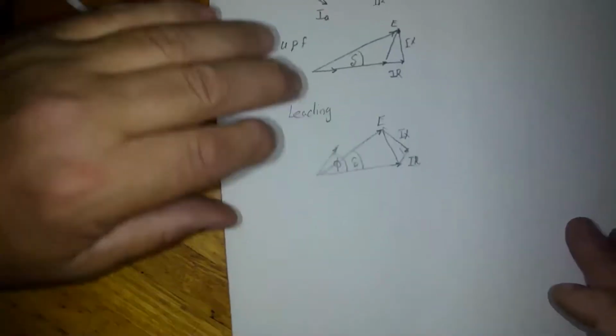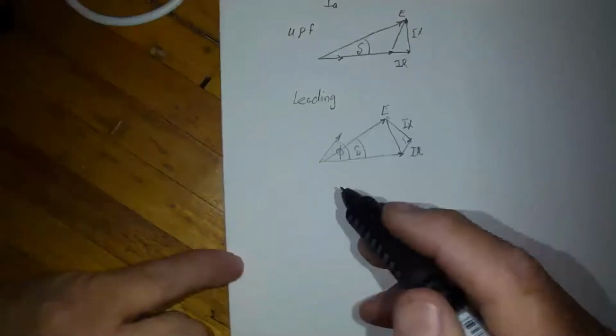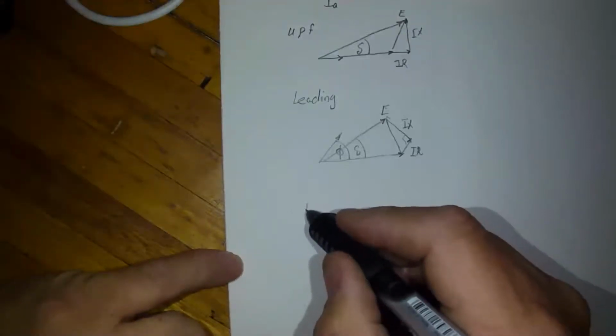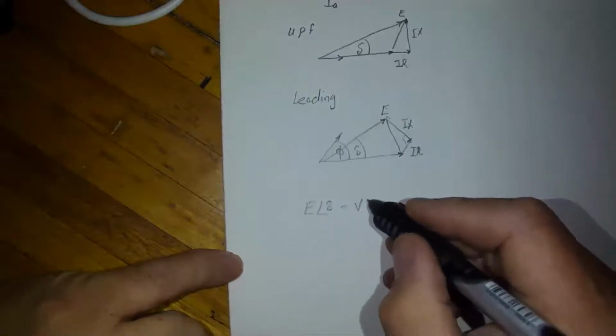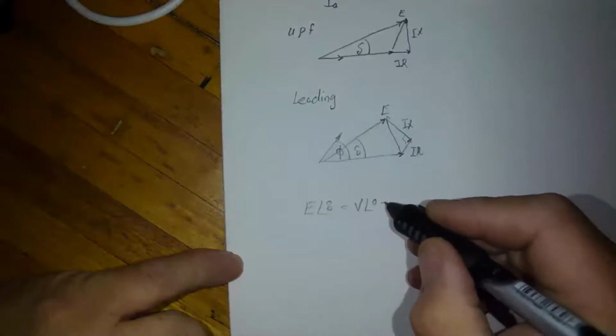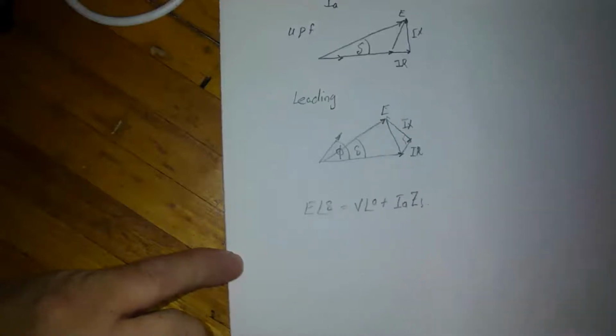Let's look at the developed power and the output power. First of all, we take E angle delta is V angle 0 plus IA ZS.